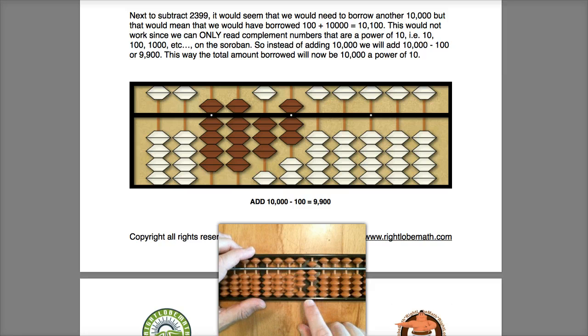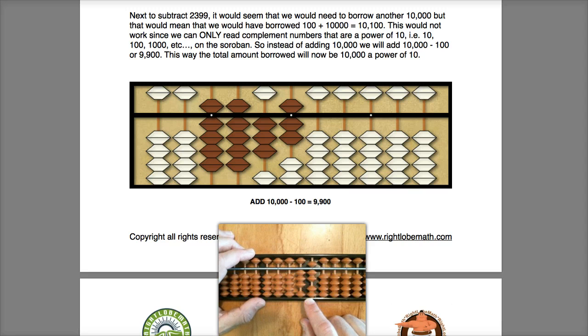Next we want to subtract the 2,399. Now it would seem we need to borrow another 10,000, but that would mean we would have borrowed 100 from the previous step plus this 10,000, which would be 10,100. This wouldn't work since we can only read complementary numbers that are a power of 10 on the soroban, and that means numbers like 10, 100, or 1,000.